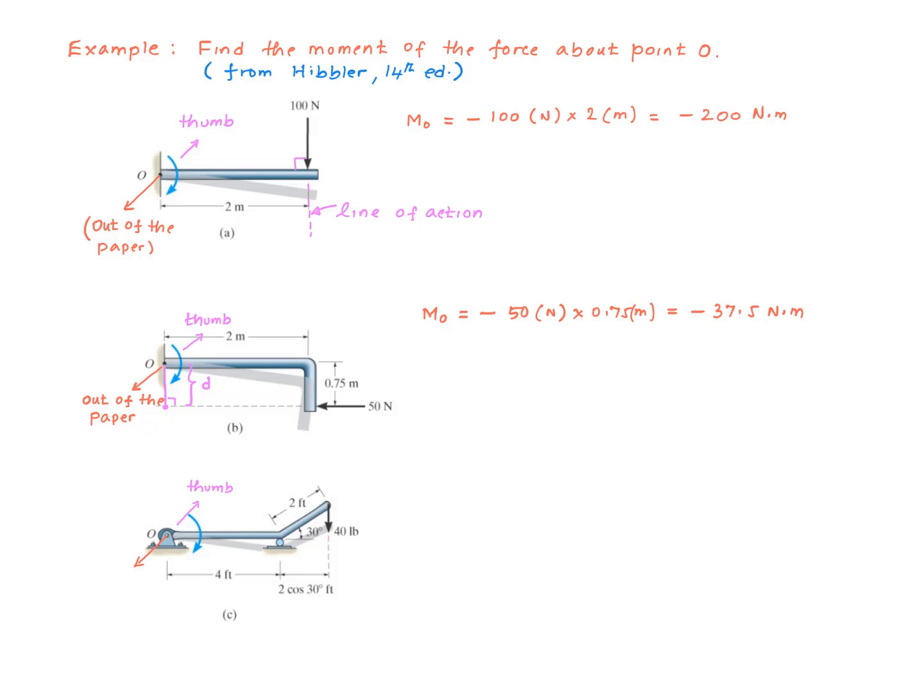So you can see that's 2 cosine 30, and therefore the total distance will be 4 plus 2 cosine 30. So MO equals minus 40 pounds multiplied by 4 plus 2 cosine 30 feet, and that gives you minus 229 pound-foot for the moment about point O.